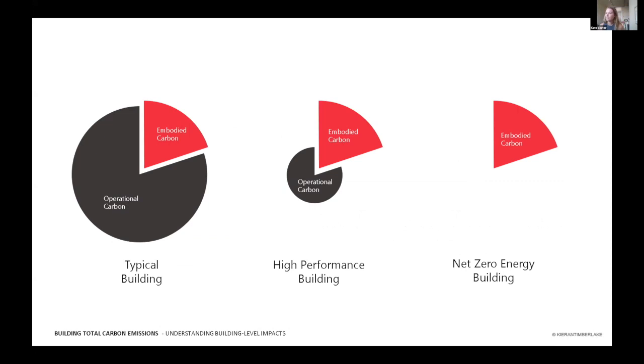And this is graphically another way that we can display this really interesting phenomenon. When we look at, say, a typical building, you can see that primarily it looks like it's operational energy that is where we get most of our global warming potential from, and that leaves about a quarter of it to embodied carbon. But then as buildings become more high performing and our operational energy decreases, that focus becomes more 50-50, which is why we really want to start paying attention to it.